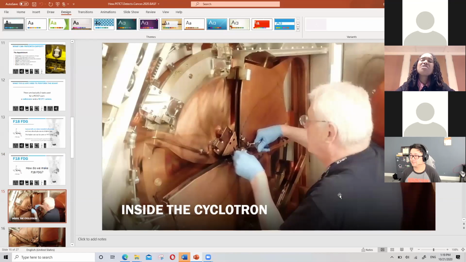So they provide most of our F18 FDG as well as some investigative radioisotopes. And you see the inside of our cyclotron here, which is basically a linear accelerator that's zooming these molecules around until we get the isotopes that we need.